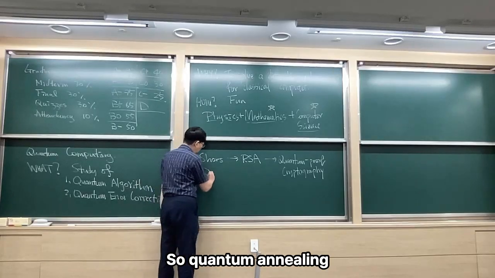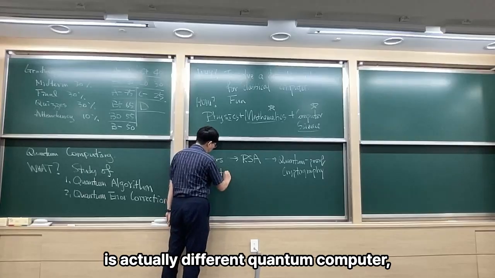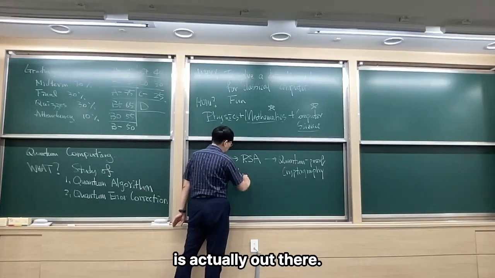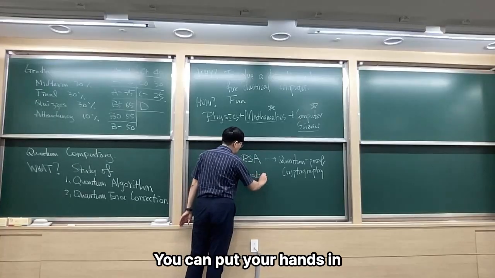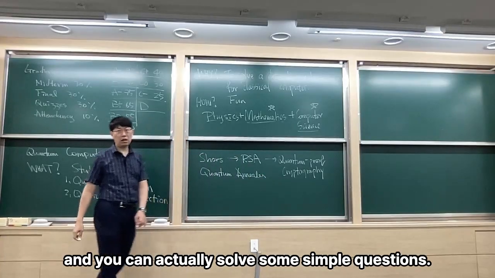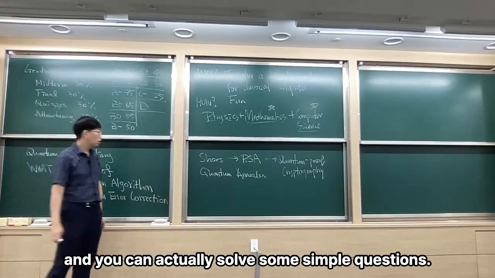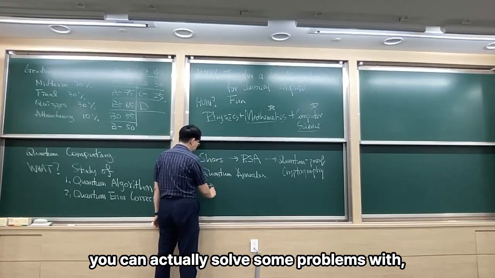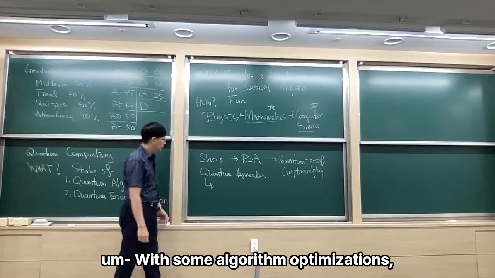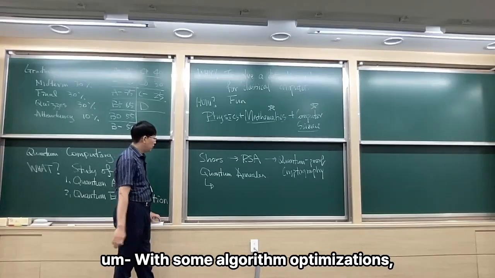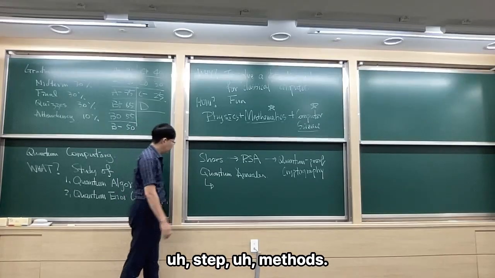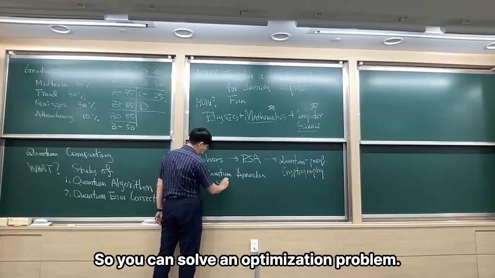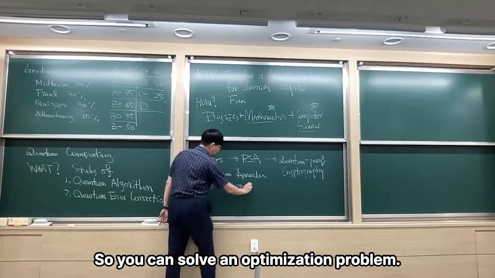Quantum annealing is a different quantum computer, but it relies on quantum mechanics. And the quantum annealer is actually out there. You can put your hands on it and solve some simple questions. With the quantum annealer, you can solve some problems with optimization methods. So you can solve an optimization problem.